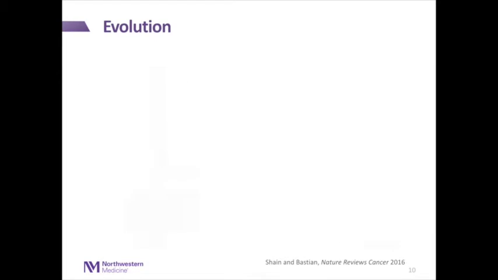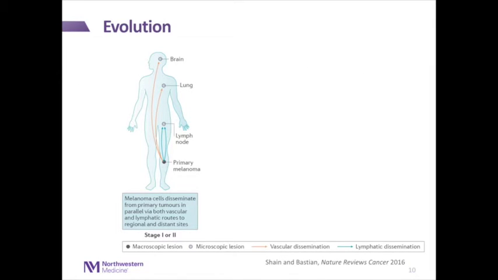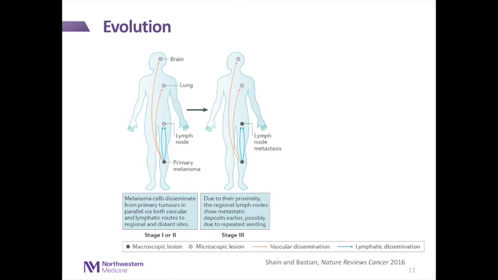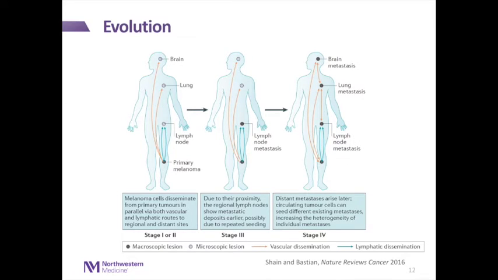And so as melanoma advances, you first have a primary melanoma on the skin, and this is in stage 1 or 2 disease. But as you get to stage 3, the melanoma reaches the surrounding tissue, the lymph nodes, and as you reach stage 4 disease, you can get detectable tumor in other parts of the body.